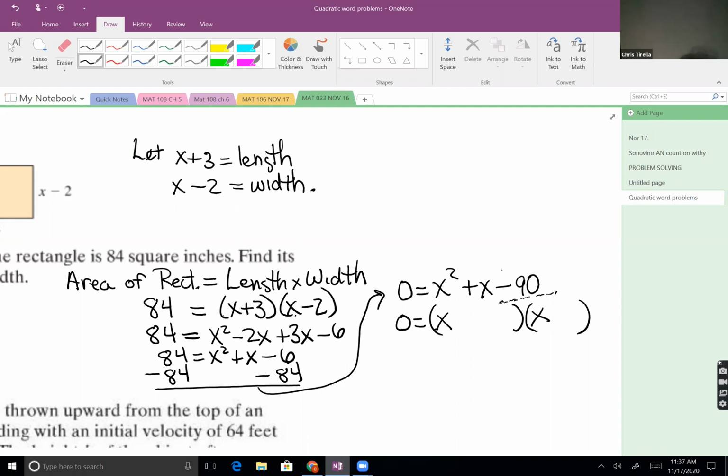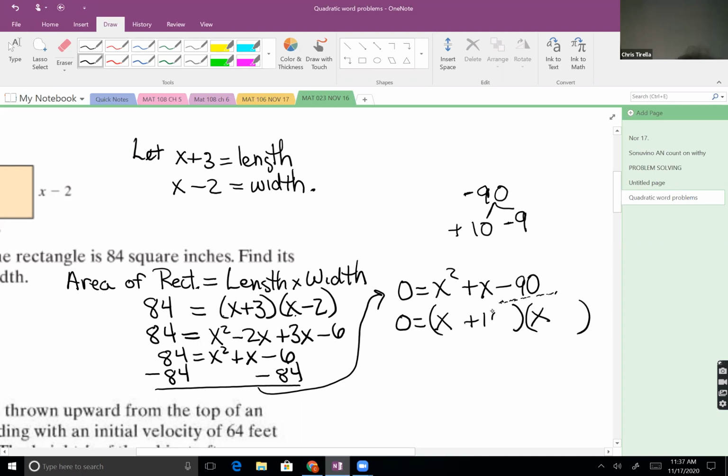What can multiply to 90? 10 times 9. Beautiful. And if I look at 10 times 9, because it's a negative 90, one's going to be a positive and one's going to be a negative. Looking at that middle, that positive 1, if I have positive 10 and negative 9, wouldn't those add to that positive 1?